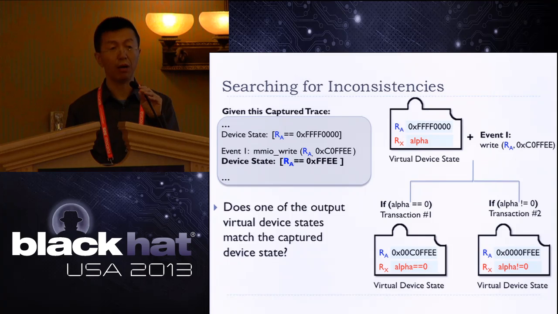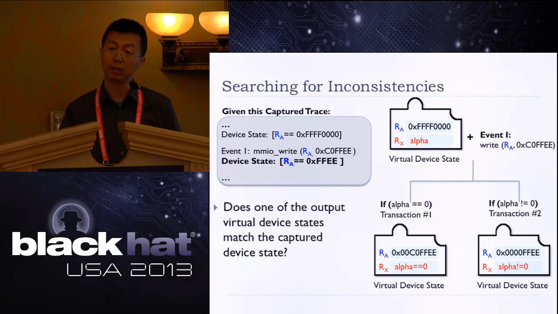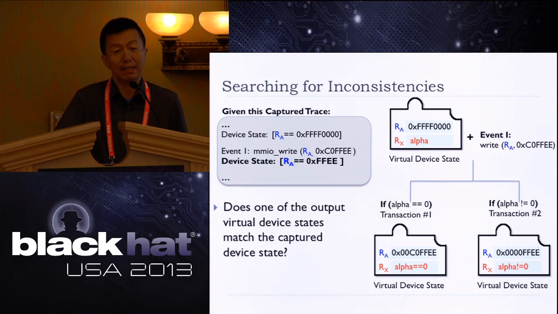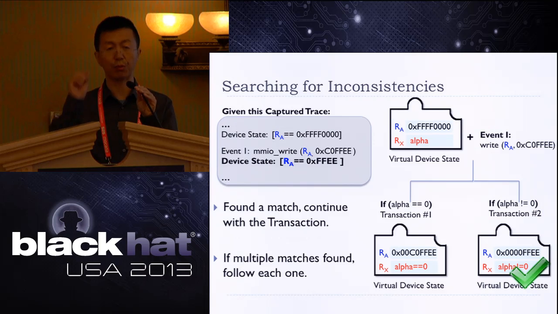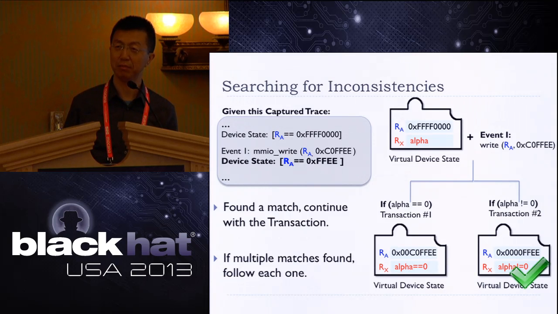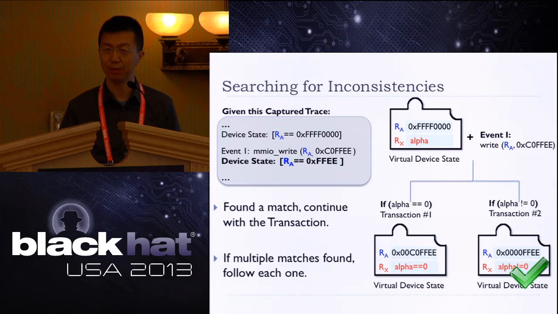You don't know which path the virtual device is going to take, but on one of the paths, in this case, we have a match. If you have one match, then you will continue. You will say, okay, likely they're consistent. Also, if you have multiple paths that match, you're going to have to explore all of them. So that's basically the idea of symbolic execution.